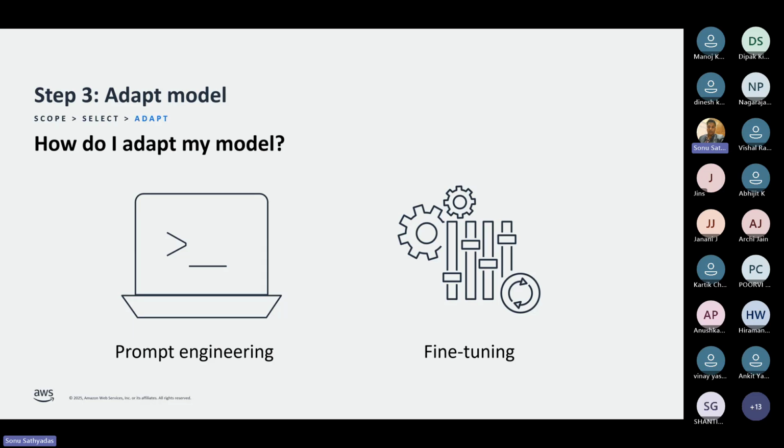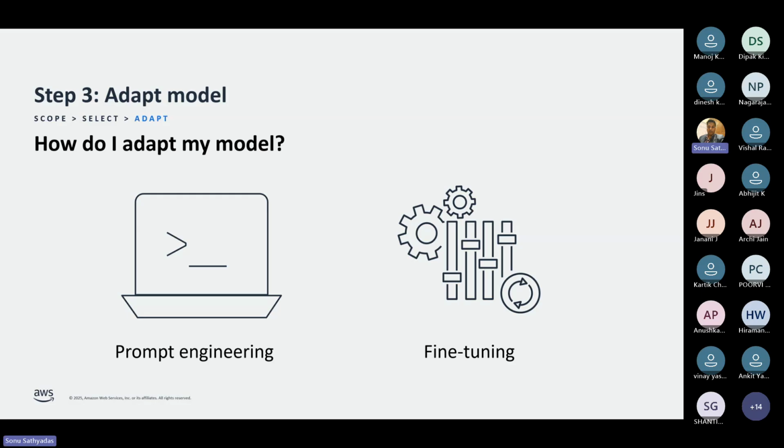When we select a model, we have to make sure that the model is applicable and usable in our project. So for that, we need to optimize the model by using prompt engineering and also fine-tuning.